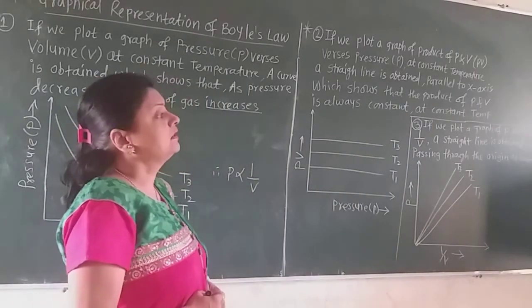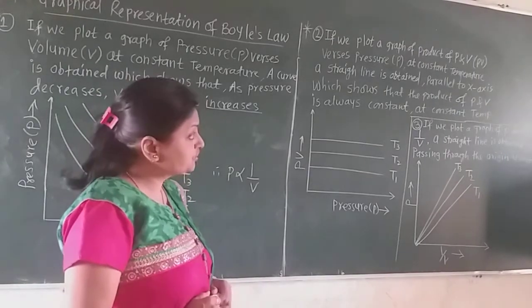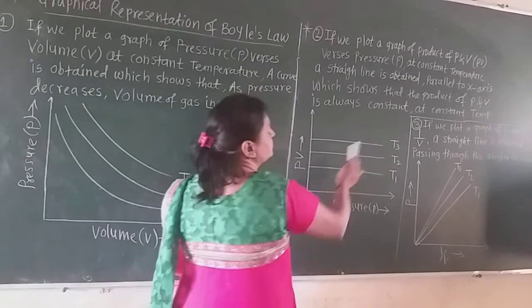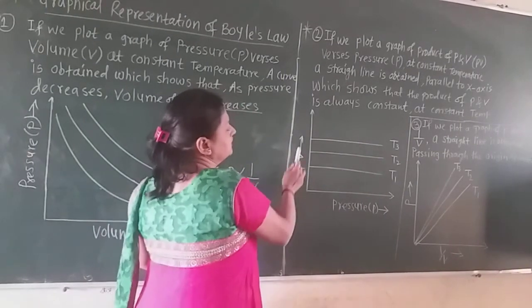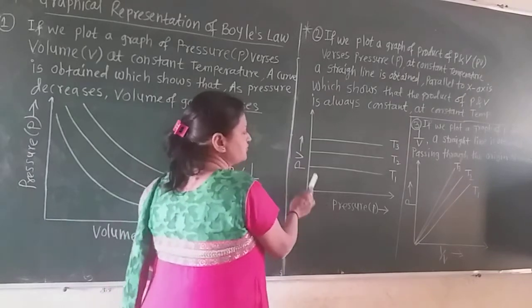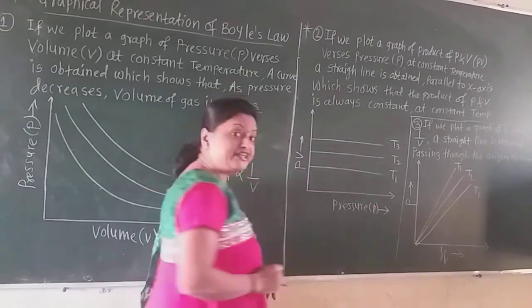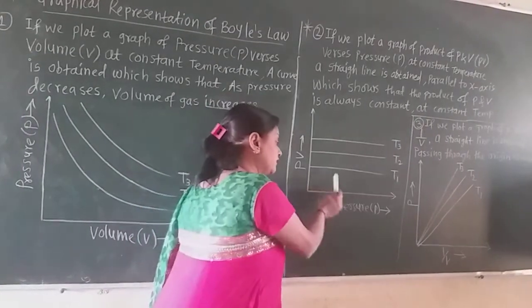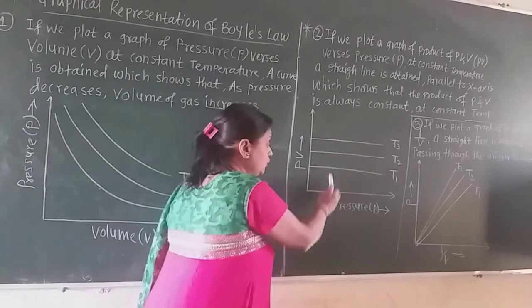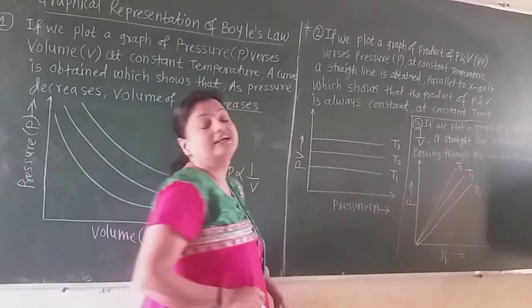This shows that the product of pressure and volume is always constant at constant temperature. These are the three different temperatures at which we plot the product of pressure and volume versus pressure. We obtain straight lines at those temperatures which are parallel to the x-axis. That means the product of pressure and volume is always constant at constant temperature.